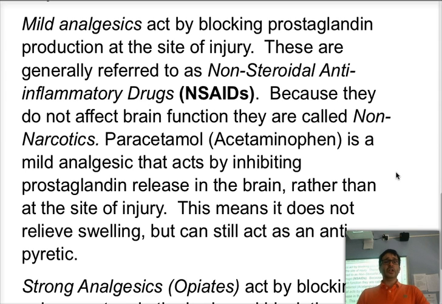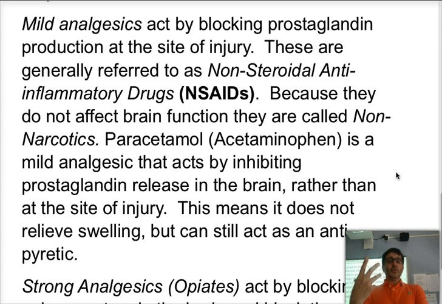One particular mild analgesic, paracetamol, known as acetaminophen here in the US, is a mild analgesic that acts by inhibiting prostaglandin release in the brain, all right, rather than at the site of injury. Prostaglandins cannot cross the blood-brain barrier. We'll talk more about that in further videos, or later in this video itself. But prostaglandins cannot cross that barrier, so they must be re-released in the brain.